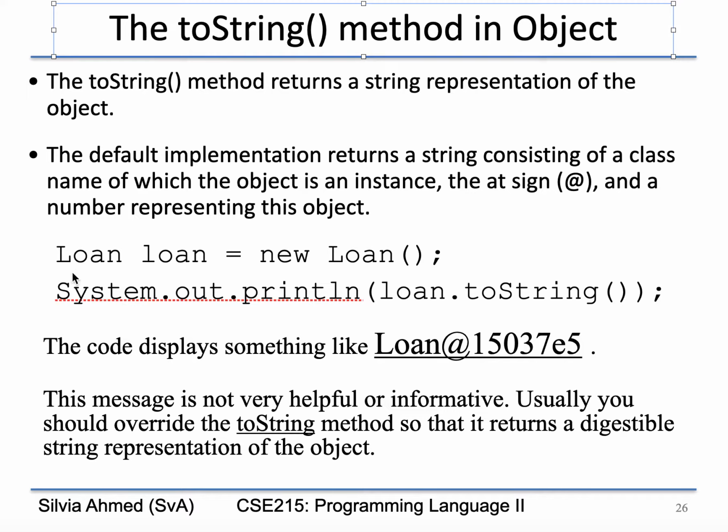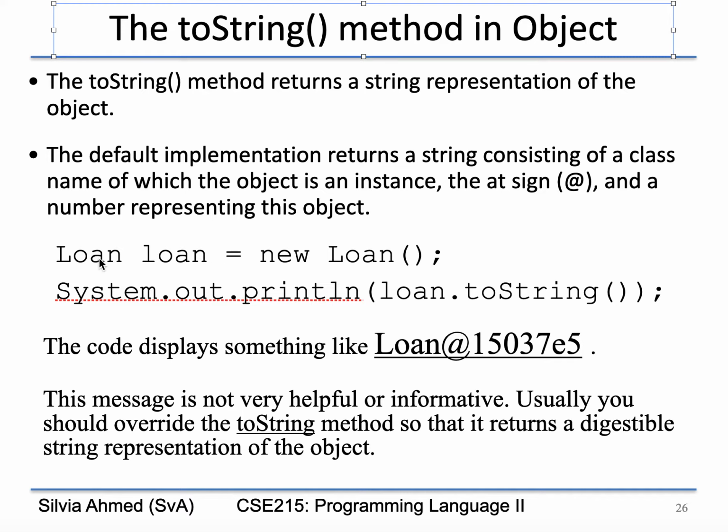So if we have something like this, where we are creating an object of the class Loan, and then we are printing loan.toString. If we don't override the implementation of toString in our class, it will simply execute the default implementation of toString, which first prints the name of the class.